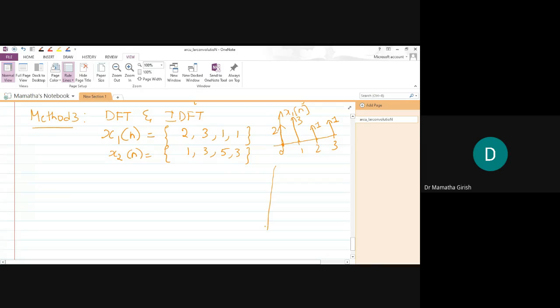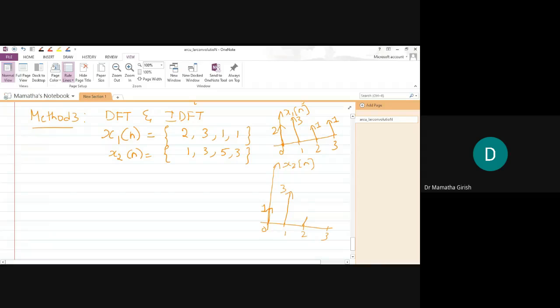Similarly, how does x2 of n look? At index 0, an impulse whose weight is 1. At index 1, an impulse whose weight is 3.